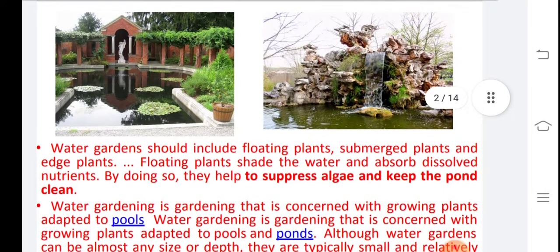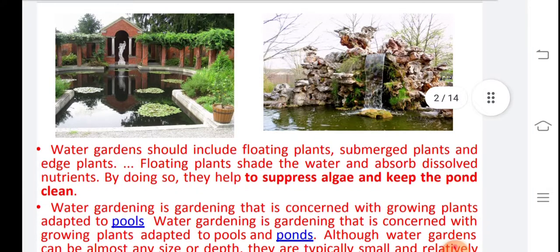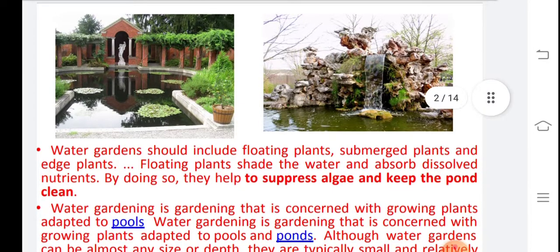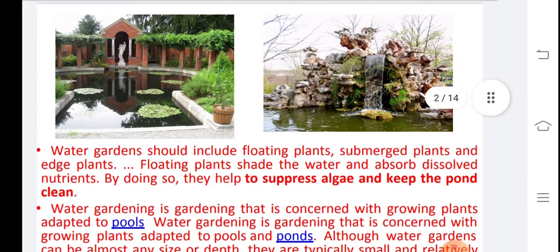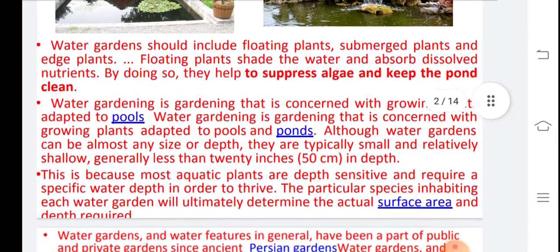Then it is also important to look at water quality, because in some regions it is a natural system, or in some regions there is stored water. So we have to maintain the nutrient condition and the oxygen demand in this pond. So clean water is important.